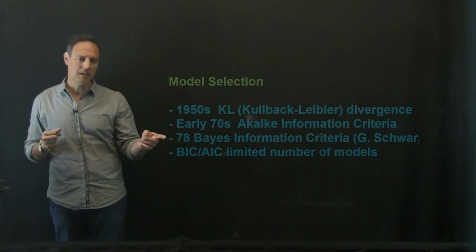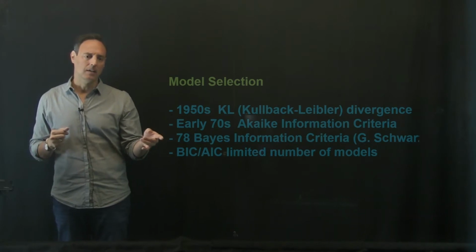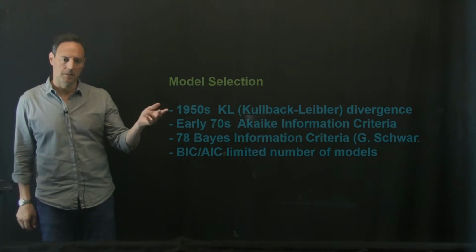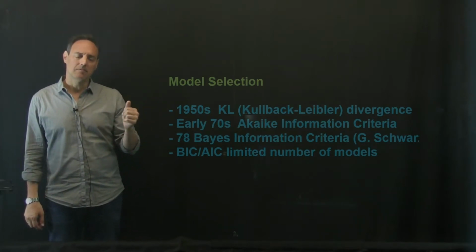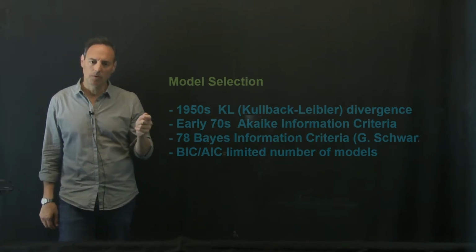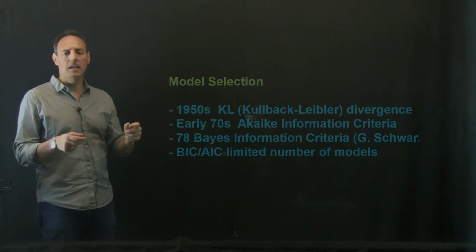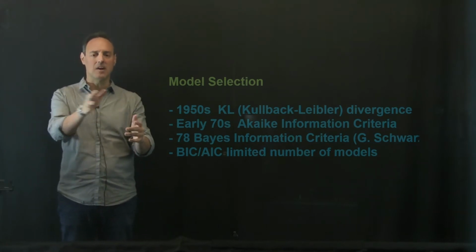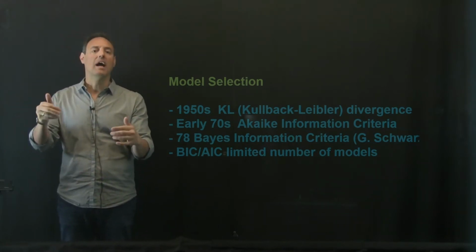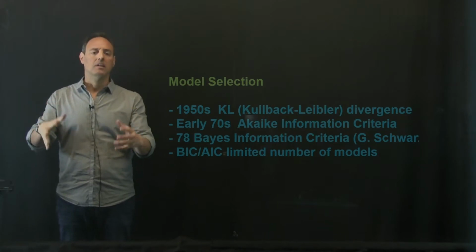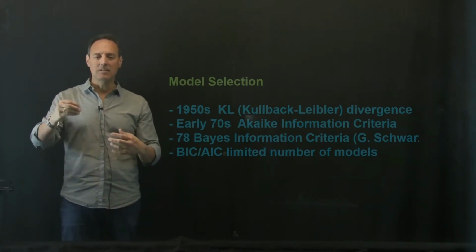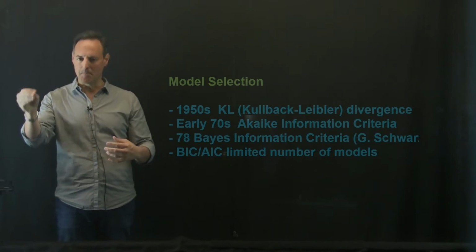In 1978, there was an important innovation around AIC, by Gideon Schwarz, the Bayesian information criterion, BIC, in '78. The important piece of BIC was that if you have a selection of models, and the right model is actually in there, and if you have enough data, then the BIC criterion is guaranteed to converge to the right model.